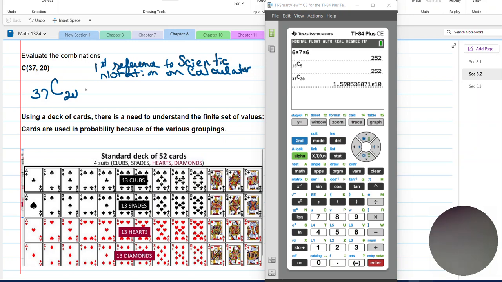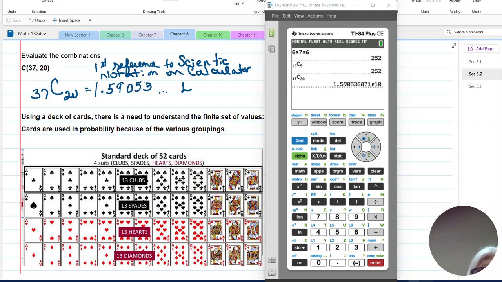So I'm going to write what I see. 1.59053, and then I'm going to put dots.